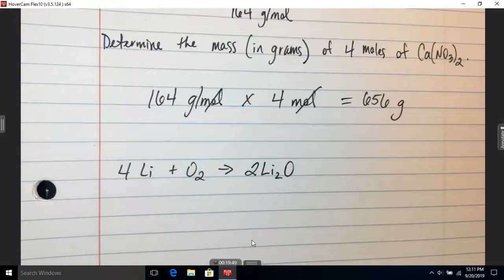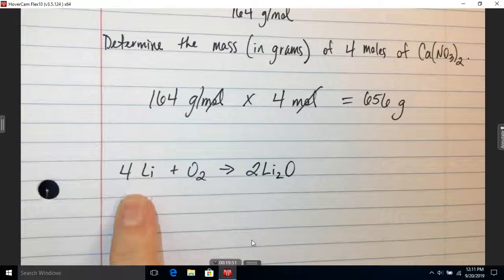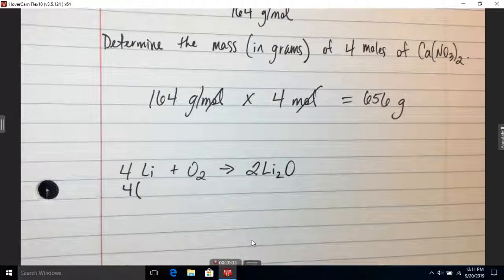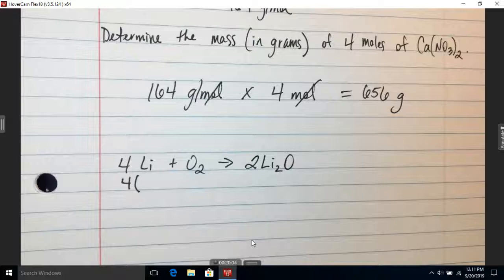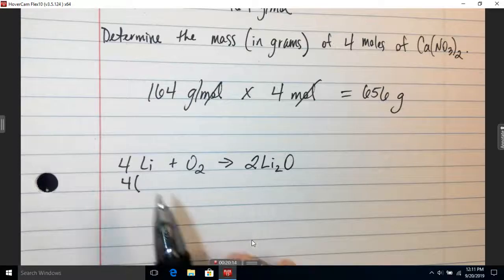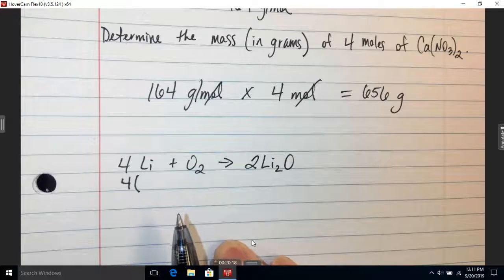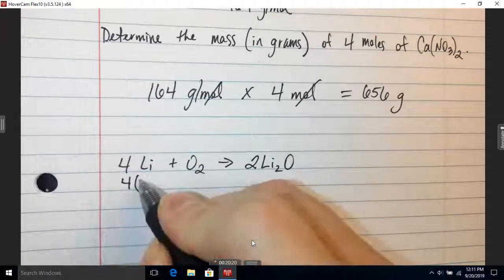How would I get the gram formula mass for this? Okay, so it would be 4 times what? No. I'm getting gram formula mass. So what do I need to get his gram formula mass? Atomic mass. 4 times 7.